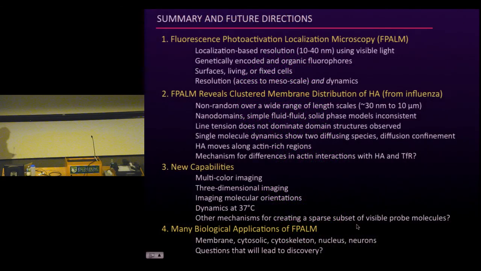Okay, so to summarize, we've invented a method called FPALM, which allows a localization-based resolution in the tens of nanometer range. It works with visible light, conventional fluorescent probes or photoactivatable probes. Far-field optics, it's compatible with live cells or other things.